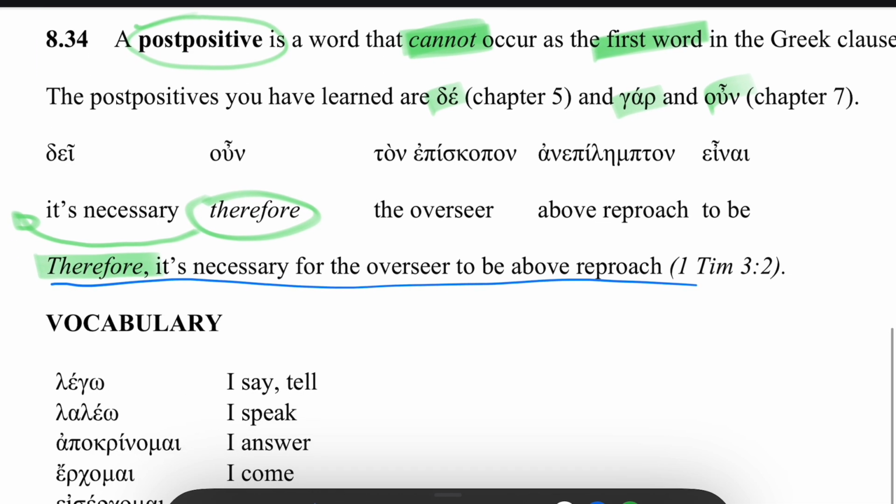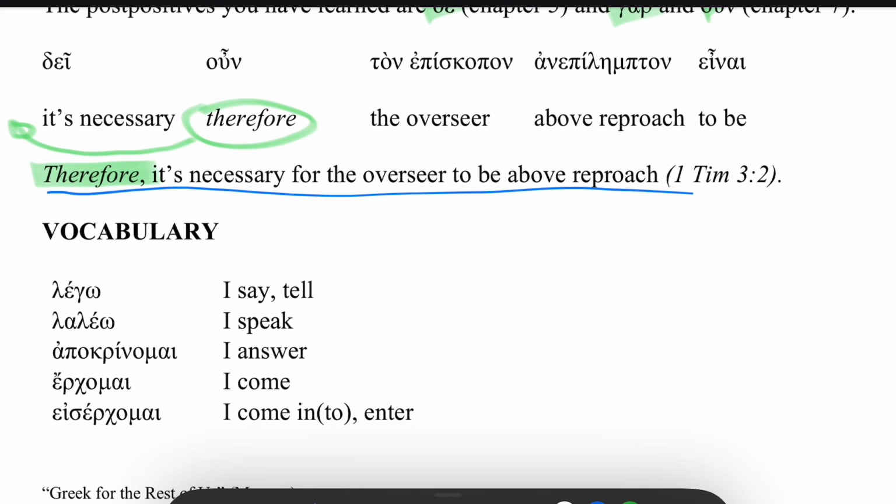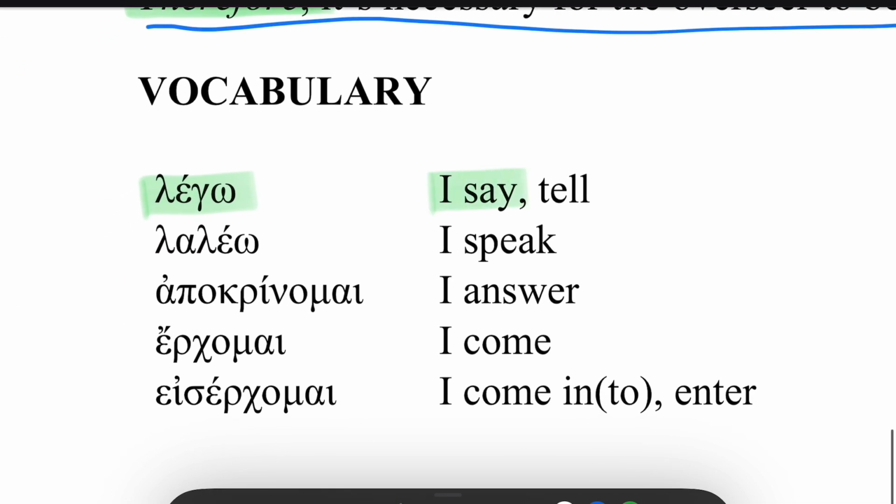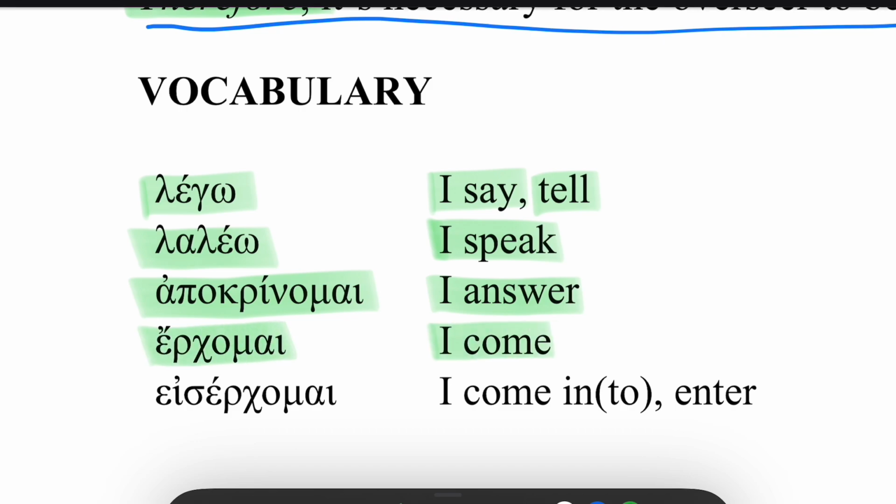All right, now vocabulary, our vocab for chapter 8. Lego, I say or I tell. Laleo, I speak. Apokrinomai, I answer. Erkomai, I come. Eiserkomai, I come into, or I enter.